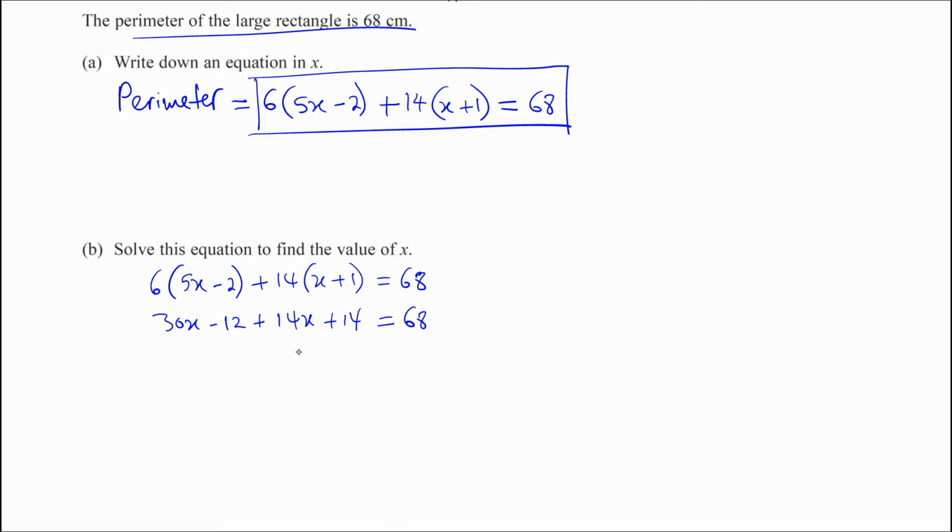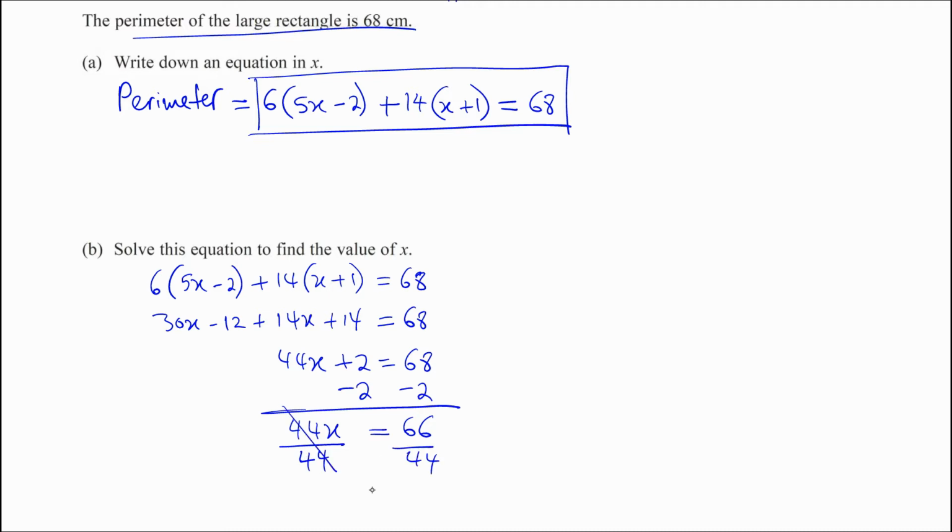And then if you collect like terms, you'll end up with 44x plus 2 is equal to 68. Then we can subtract 2 to try and isolate x. So 44x will be equal to 66. And then we can go ahead and divide by 44. So x will be equal to 1.5.